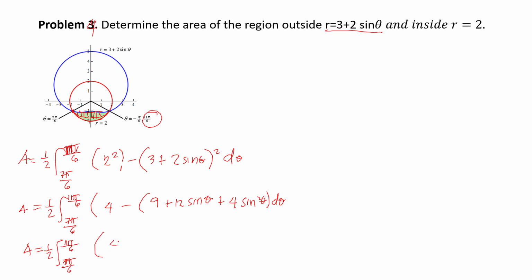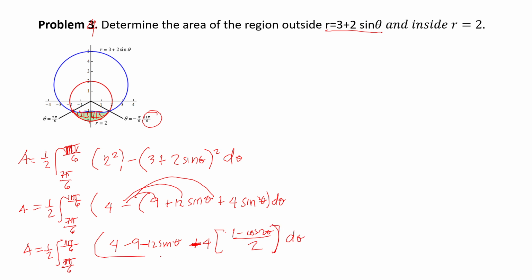So they have 4 minus 9, minus 12 sine theta, minus 4 times (1 minus cos 2 theta over 2) d theta.